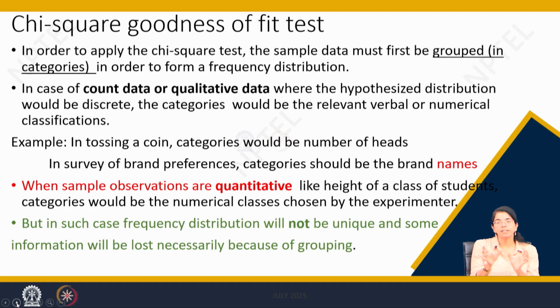So whenever the groups are not unique, quite obviously the number of observations falling inside that group will be different from person to person, from individual to individual. That is the problem in quantitative data while making the frequency distribution table.